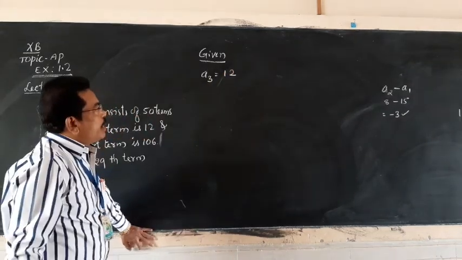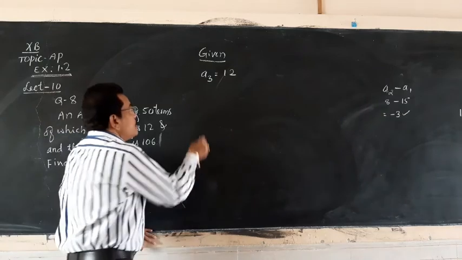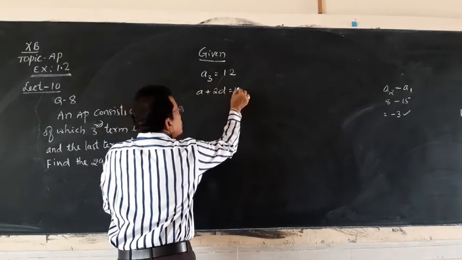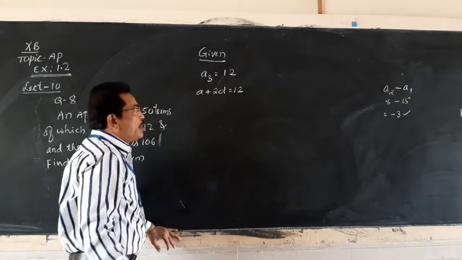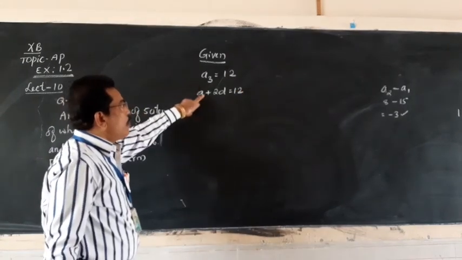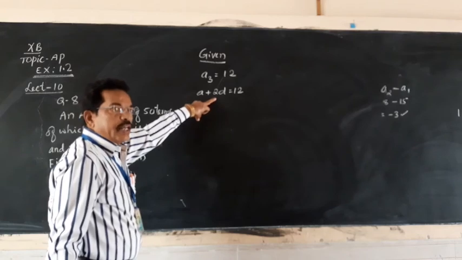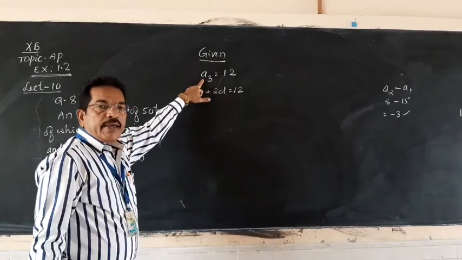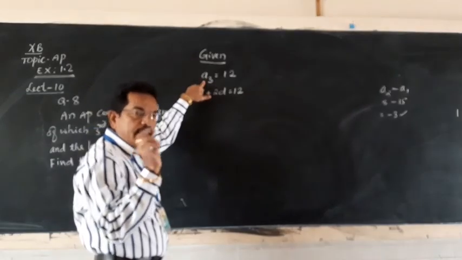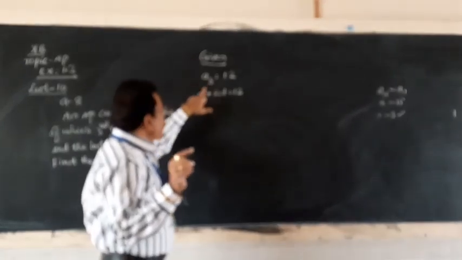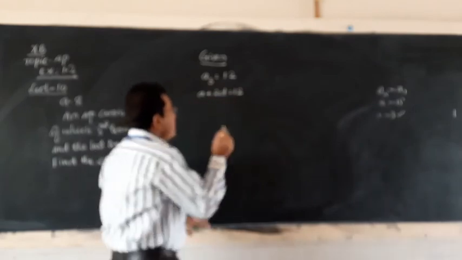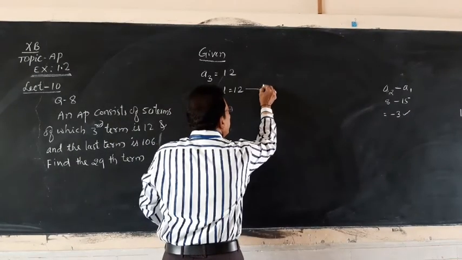We have to write the meaning of A3: A plus 2D equals 12. I told you how we get A plus 2D: we place 3 in place of n in the formula an equals a plus n minus 1 into d. We get the simplified result as A plus 2D equals 12. This one is the first equation.